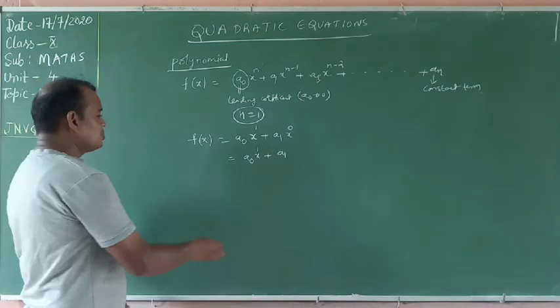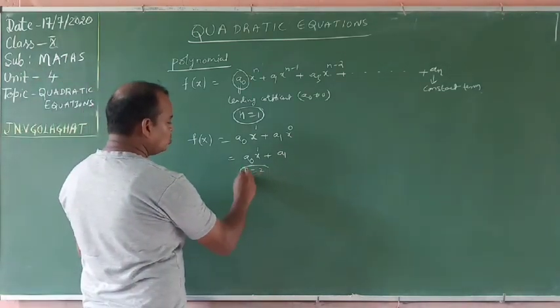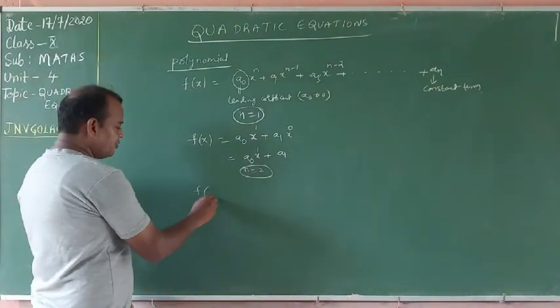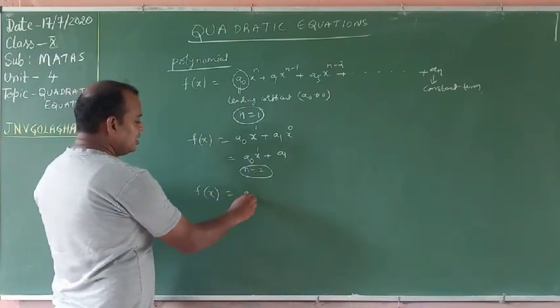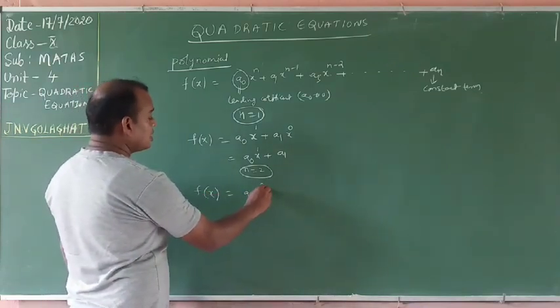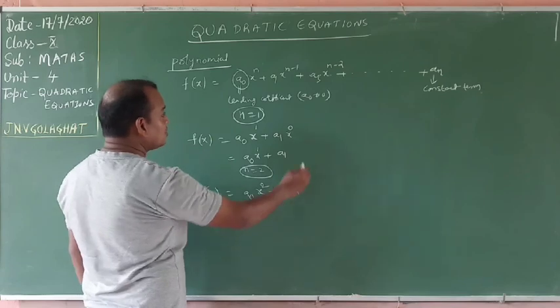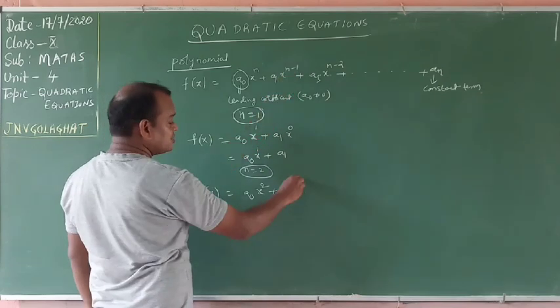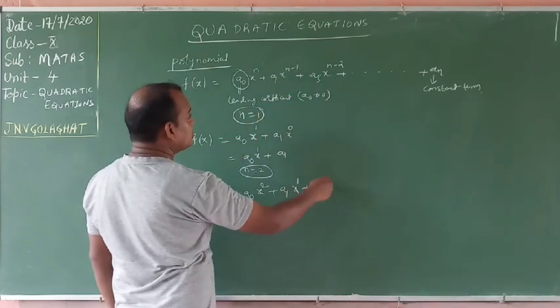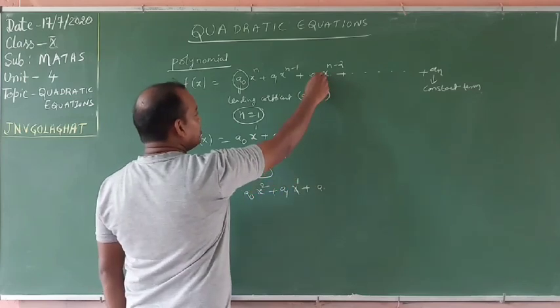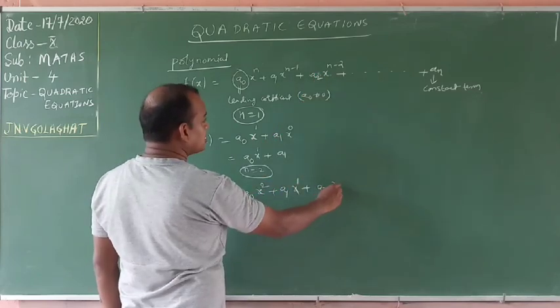Linear polynomial. Now, suppose we take n is equal to 2. f of x is equal to a0 x square plus a1 x power 2 minus 1, that is 1, plus a2 x power 0.